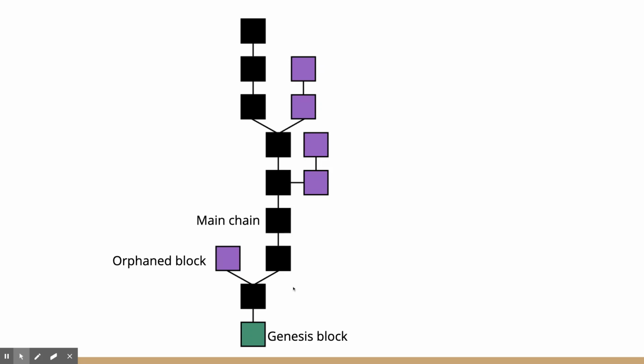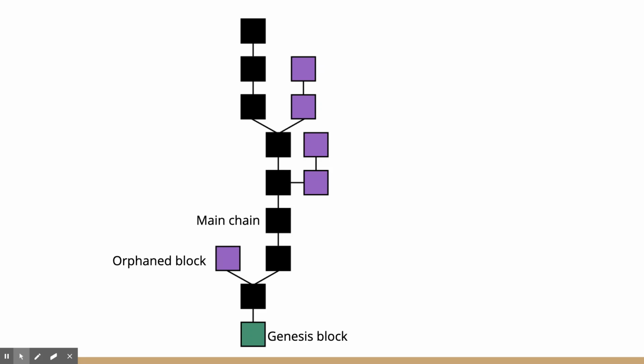What happens is that the miners then start another race and say, if I can create the next block and point it to my block rather than the other one, then I can get the reward for both. But if no one follows this block and it's just abandoned, it's called an orphan block, because the main chain is the longest chain, or is the chain with the most proof of work.